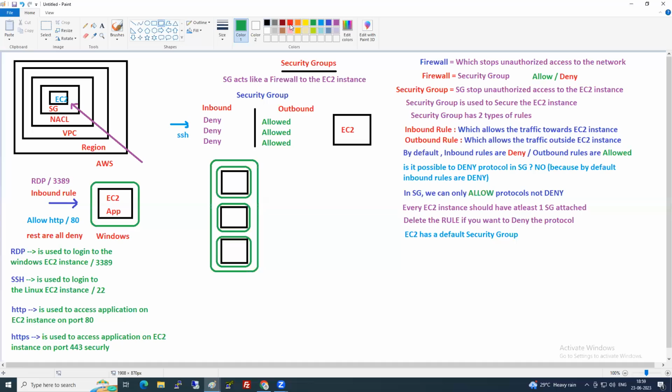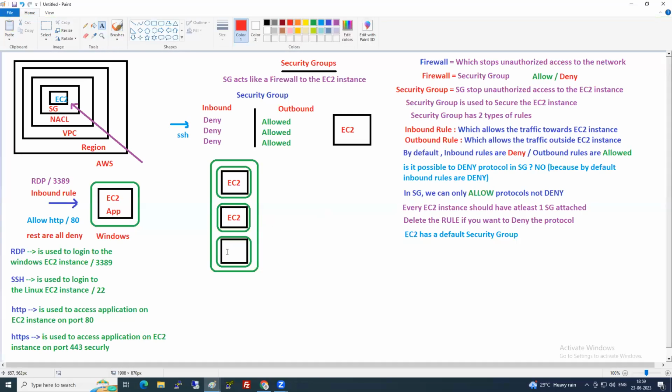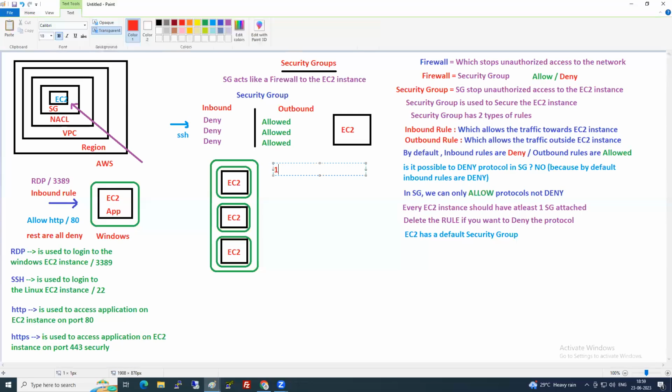So however you want to do, you can do it. That's why I said concentrate. So one EC2 can have many security groups attached. One security group can be attached to multiple EC2s.